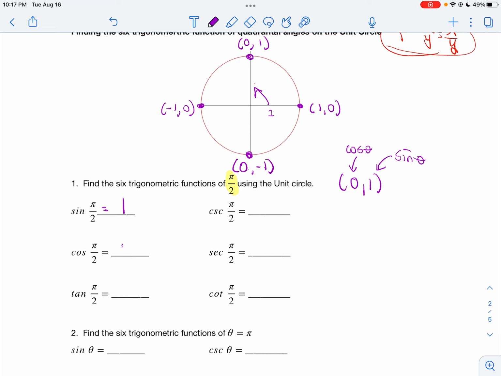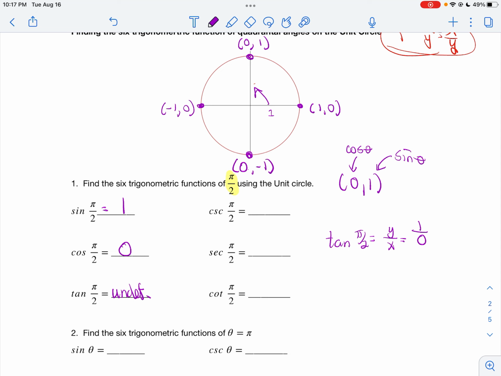Cosine of pi over 2, that's your x value of 0. And tangent of pi over 2 is y over x. So that's going to be 1 over 0. Uh-oh, cannot divide by 0, so my answer is undefined.